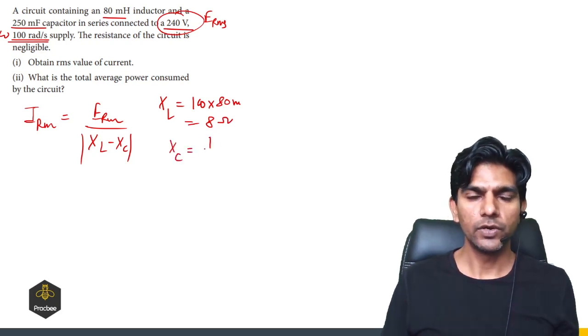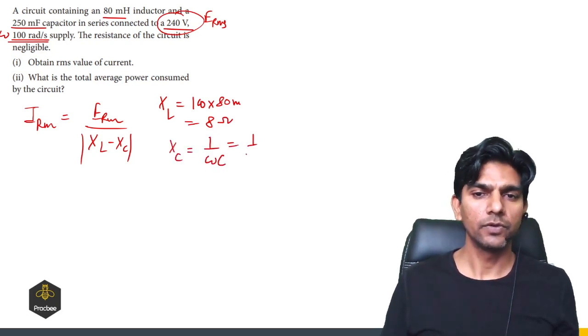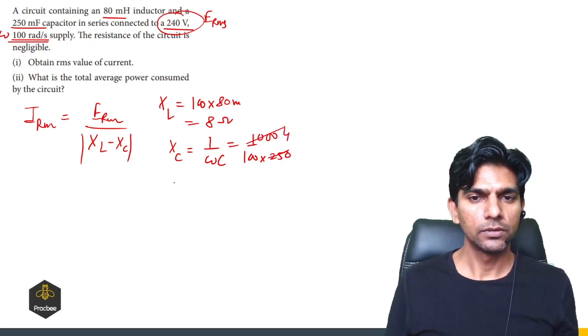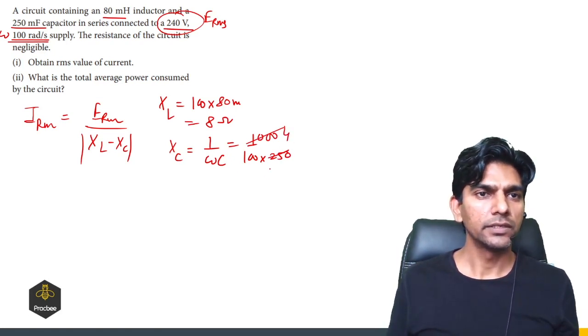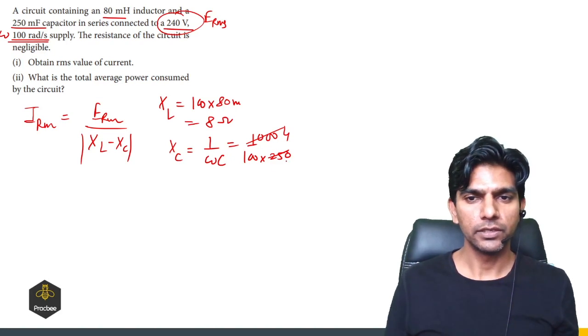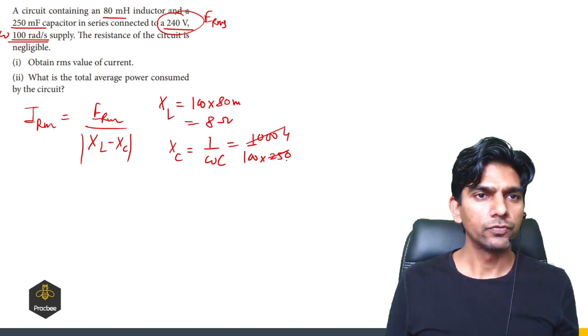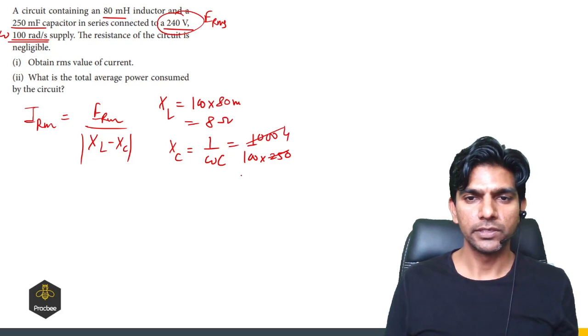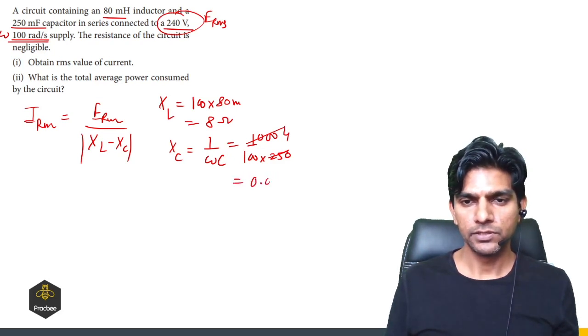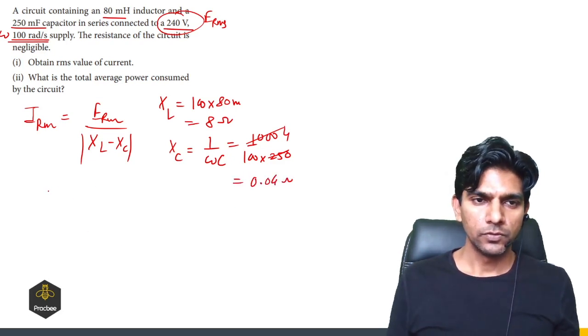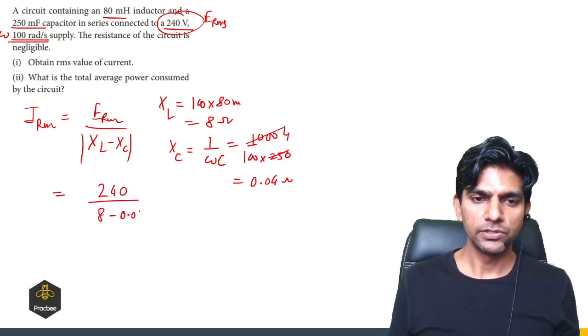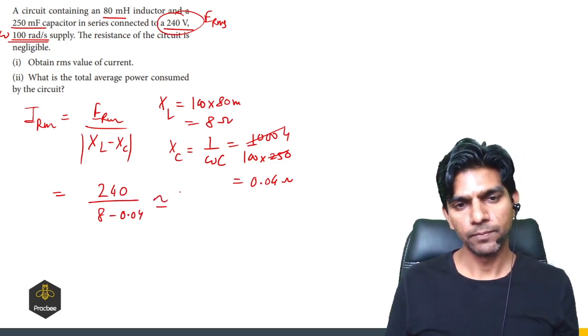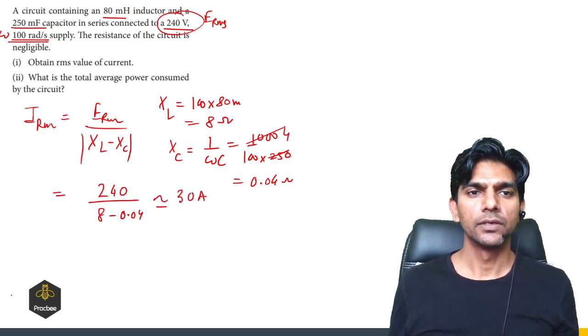And XC will be 1 by omega C, so that will be 1 upon 100 times C, which is 250 milli. So this will be 4, yes, so it will be 0.04 ohms. So we can say the current is nearly equal to 240 divided by 8 minus 0.04. So this is nearly equal to 30 ampere, right?